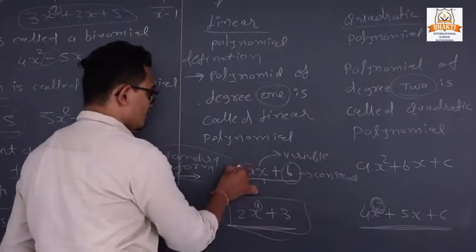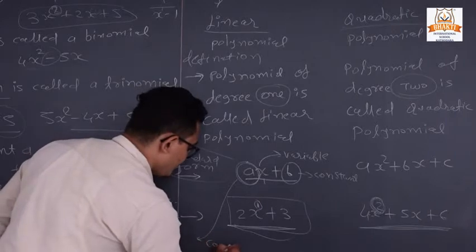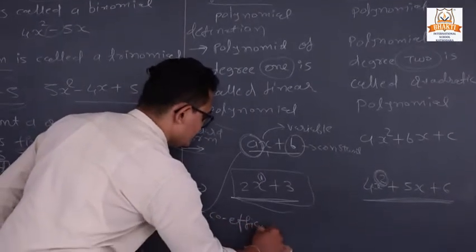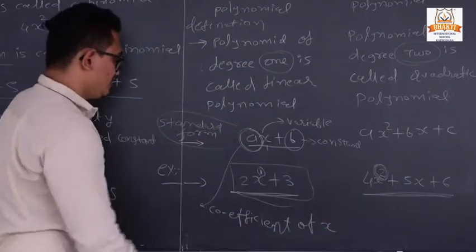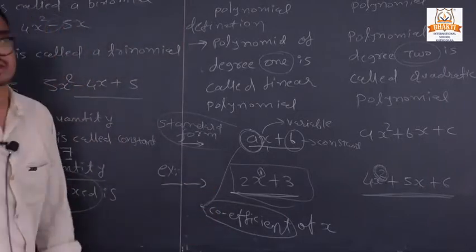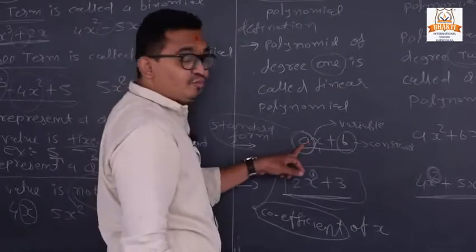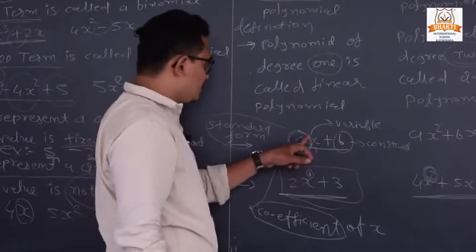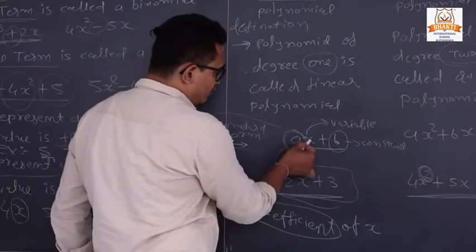And a means what? a is the coefficient of x. So here we have one more definition. What is a coefficient? A coefficient is any numerical value before the term.